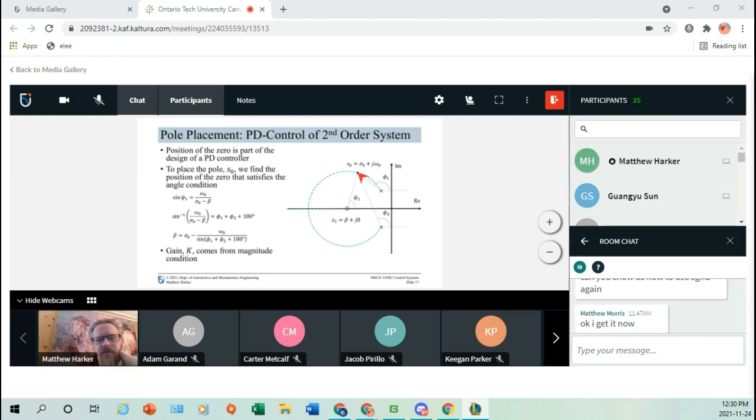So that would be, I can place my pole by essentially moving the 0 in the controller to the right point. Good. And then the gain for that would come from the magnitude condition, right? So then you'd have your 2 parameters and you'd be able to essentially determine the poles of the new system.